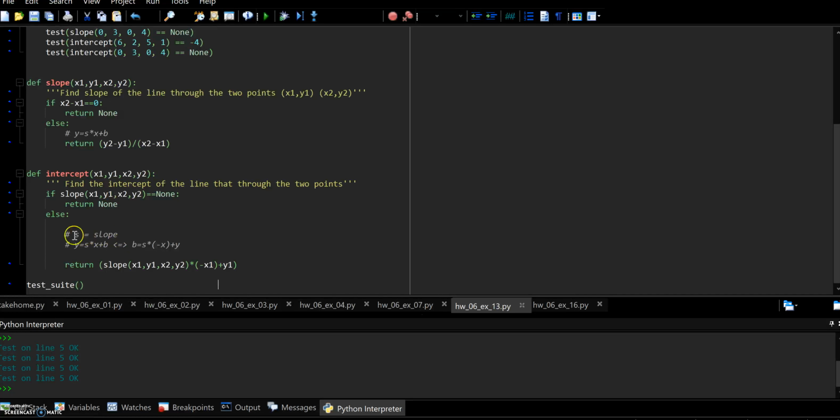If I consider s as the slope, this function is the equation of the line that goes through the 2 points x1, y1, x2, y2.